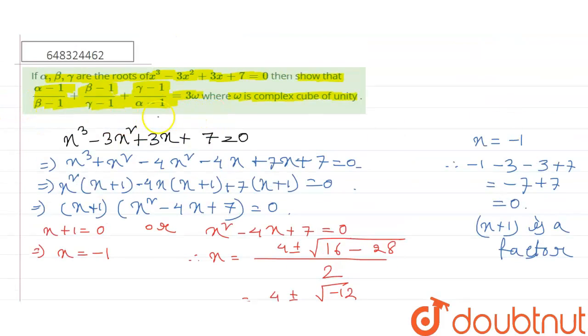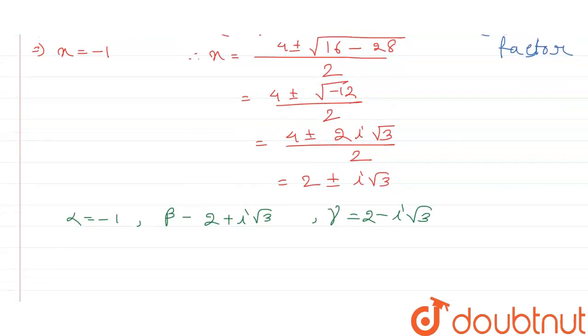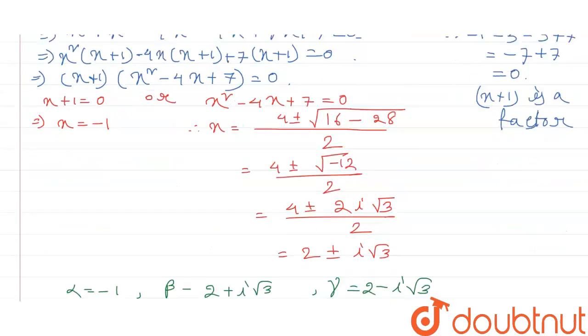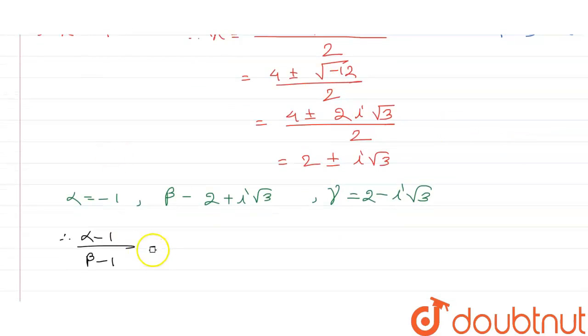Now to prove this, first we write the left hand side of this expression: (alpha minus 1)/(beta minus 1) plus (beta minus 1)/(gamma minus 1) plus (gamma minus 1)/(alpha minus 1).